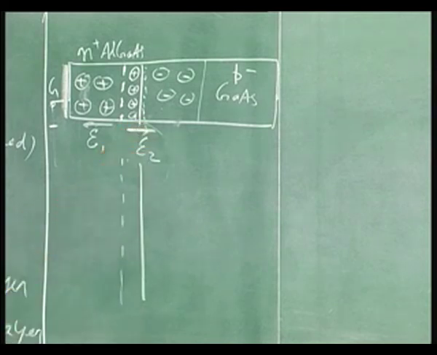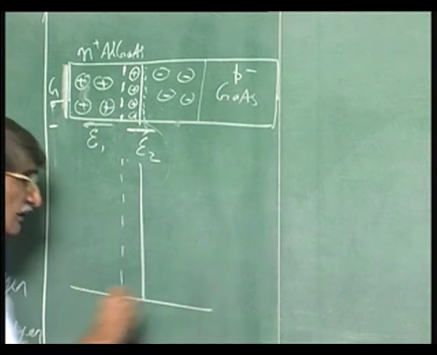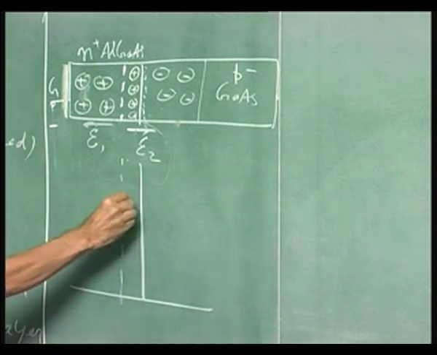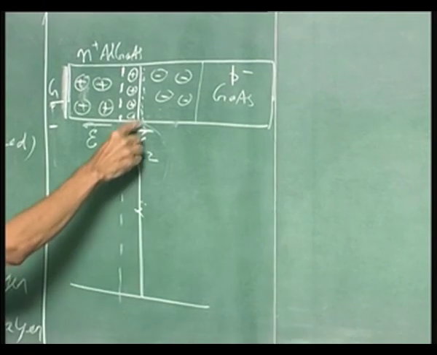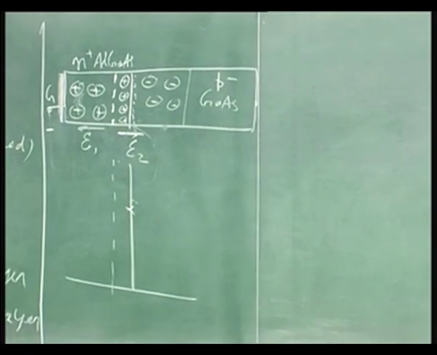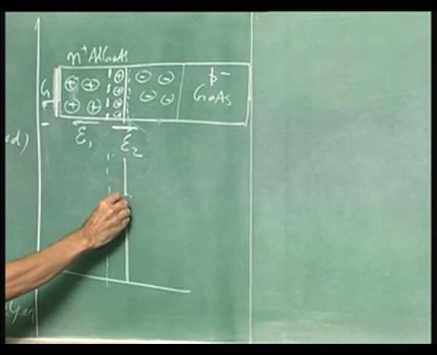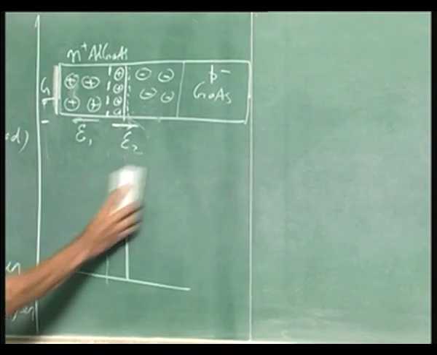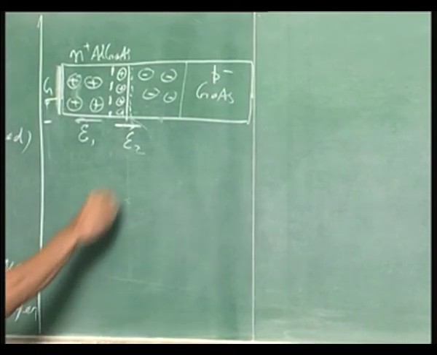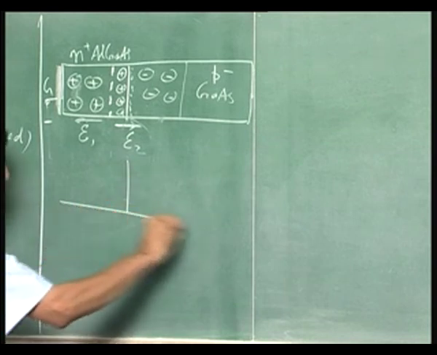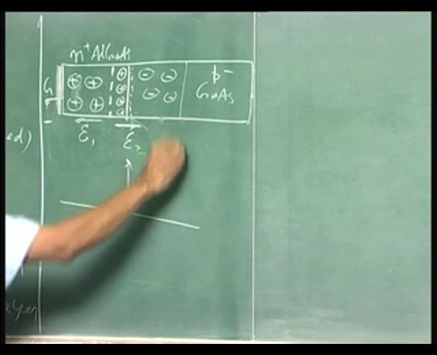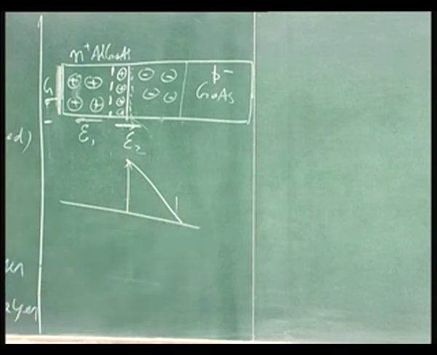This is a junction. That is the zero point, and that is the peak point as far as the junction is concerned. Then you have the field coming like this. Let me draw that slightly. I need more space there. That is the peak point. That is the electric field.